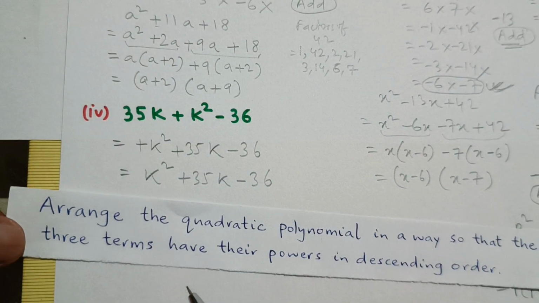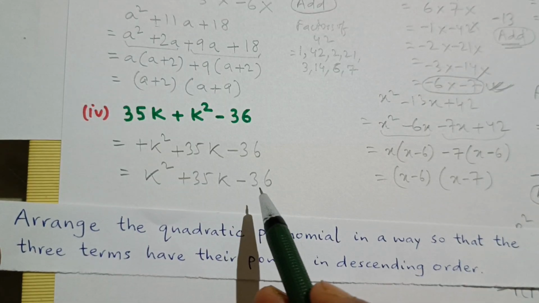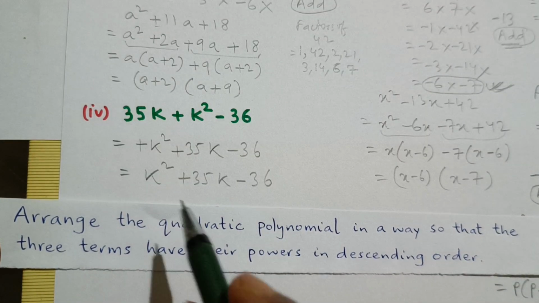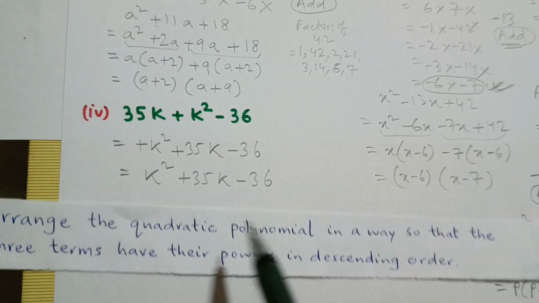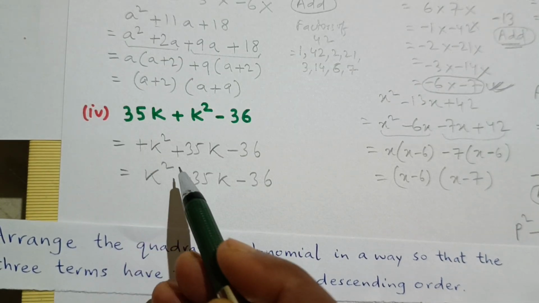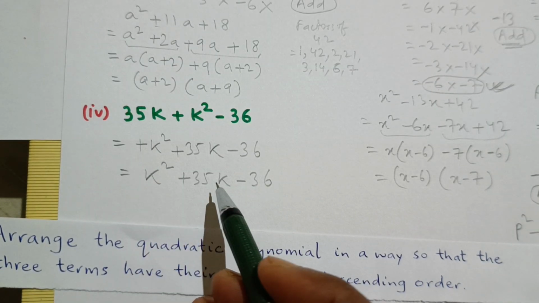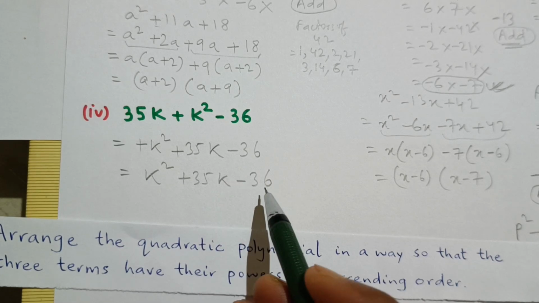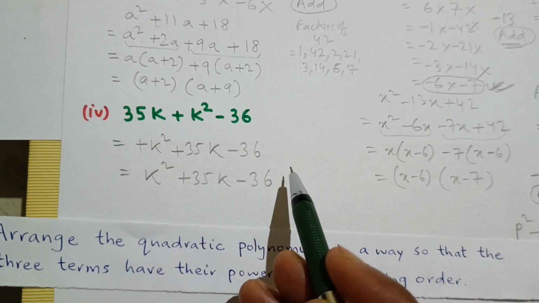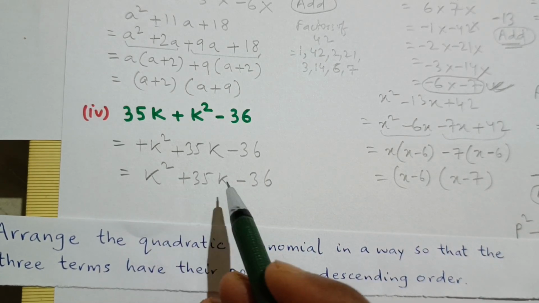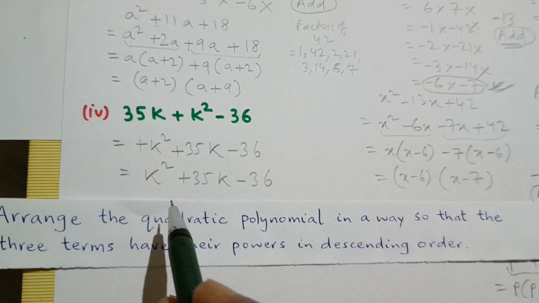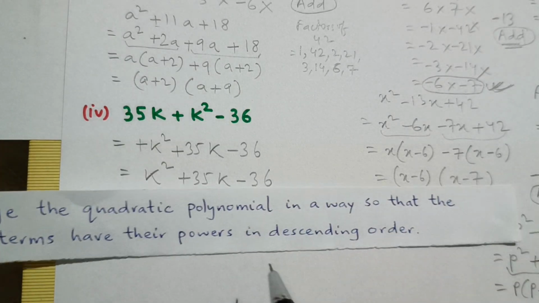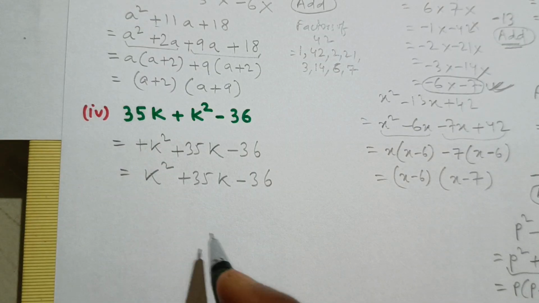Now if you look, in this quadratic polynomial in k there are 3 terms, and they have their powers in descending order. In this term the power of k is 2, in this term the power of k is 1, in this term the power of k is 0. 2, 1, 0. Yes, the powers of k are in descending order. So this rule has been fulfilled.